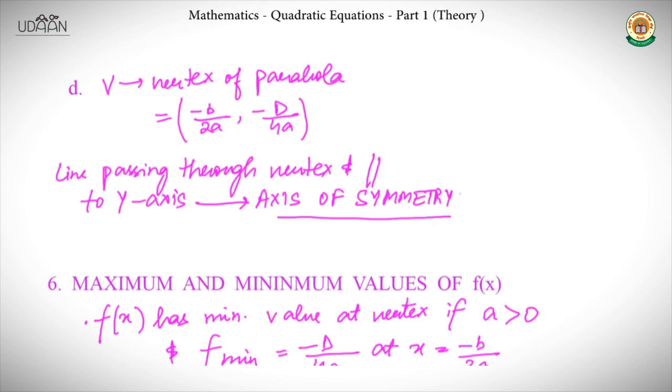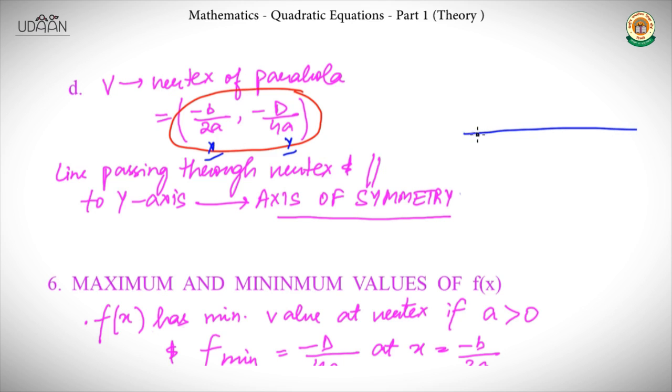Next, we define V to be the vertex of the parabola. In that case, the vertex is determined by minus b by 2a comma minus D by 4a, where minus b by 2a is the x coordinate of the vertex and minus D by 4a is the y coordinate. Okay. The line passing through the vertex and parallel to the y-axis is known as the axis of symmetry.